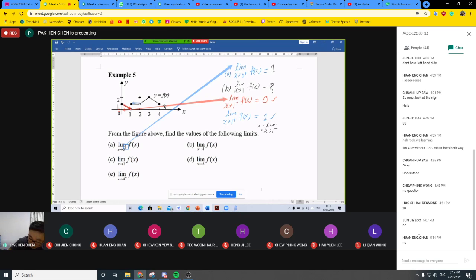x approaches from left and right, they are not equal, isn't it? Yes, everyone can follow? Yes. Therefore we can conclude that the limit at that particular point does not exist.